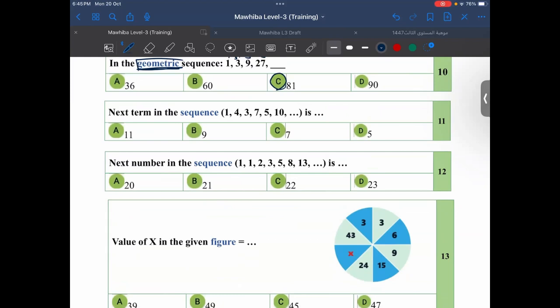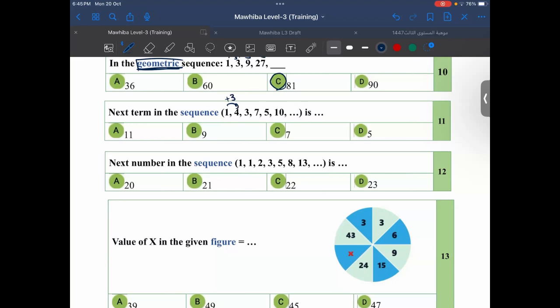Okay. Question 11. Let's see question 11. The next term in the sequence here is, what is it? Anyone from the online? Yes, it's Zahra. C, 7. And how did you get 7? Because each time you add, for example, from 1 to 4, you add 3 and then minus 1.